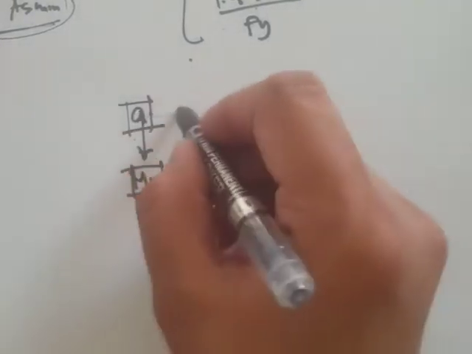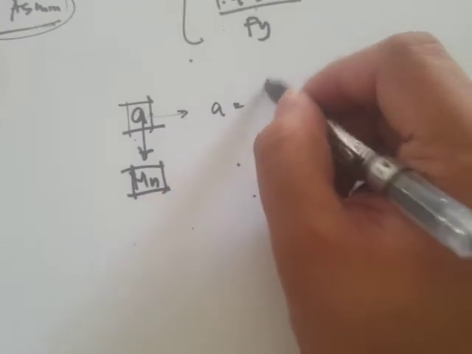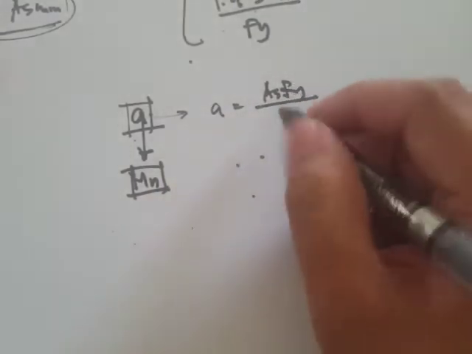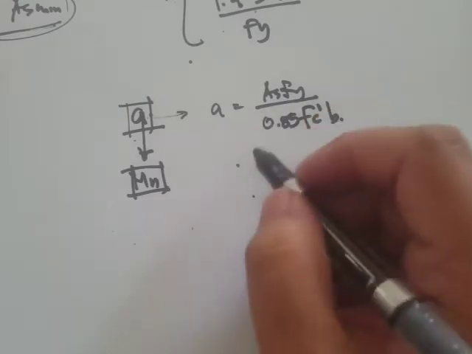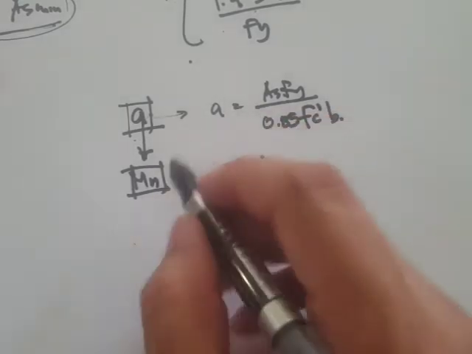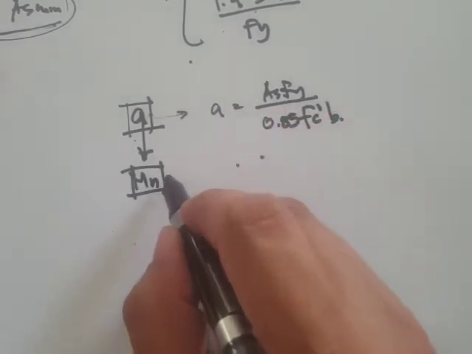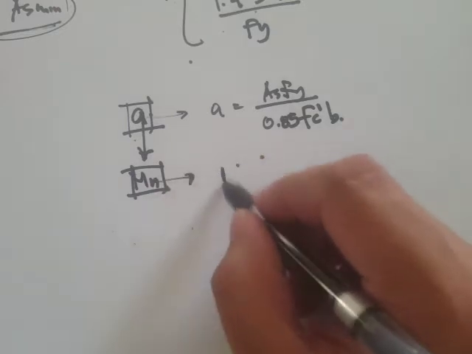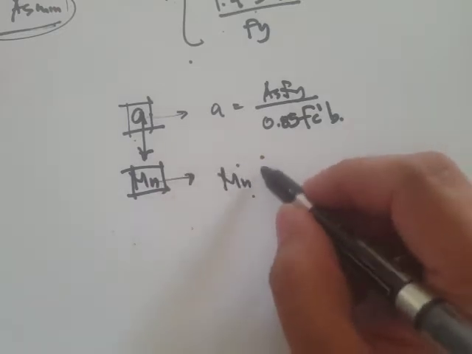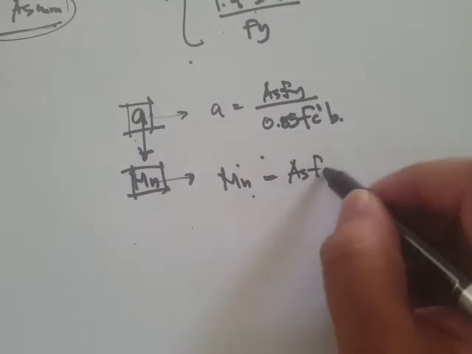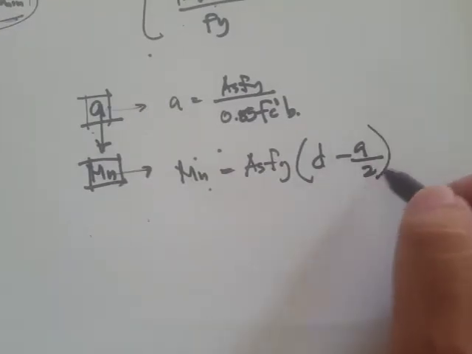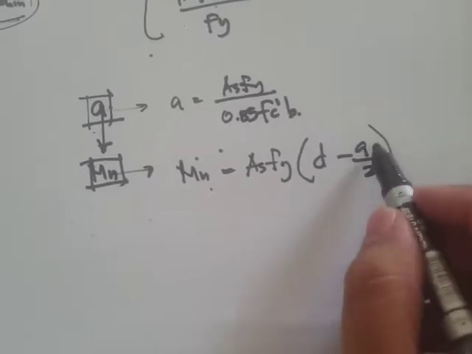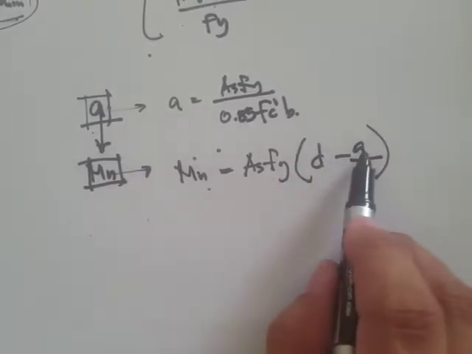A is simply As fy all over 0.85 f'c times b. Then the nominal moment capacity is As fy times (d minus a all over 2). So we need the value of the depth of stress block because we need it here.